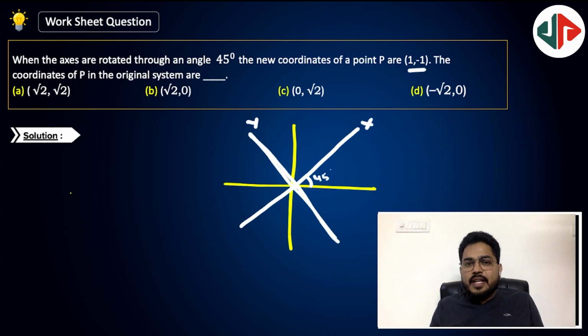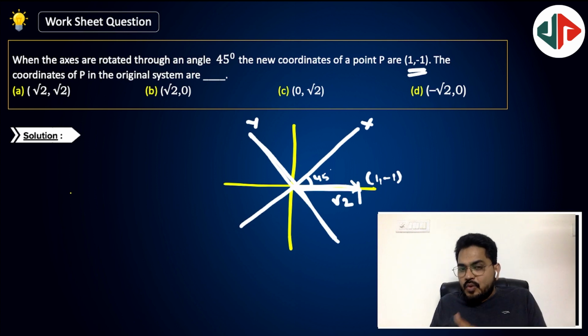The point 1 comma minus 1 will be in the fourth quadrant. This is the first quadrant, second, third, fourth. This point is 1 comma minus 1. So the distance from origin to this point is root 2 units.